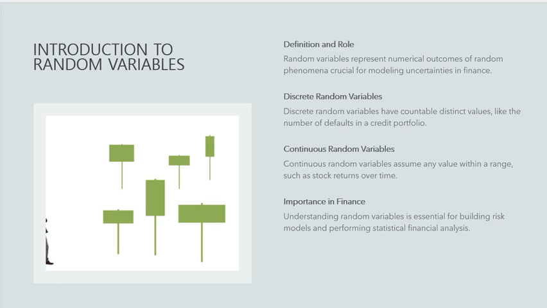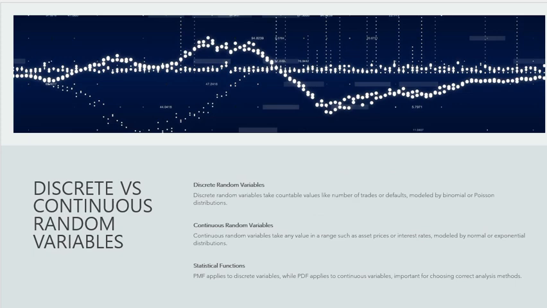Let's move on to the next slide, where we discuss discrete versus continuous random variables, and the statistical functions of them. Random variables can be classified as discrete or continuous based on the nature of their possible outcomes.